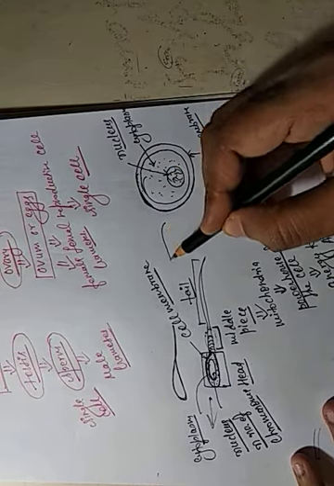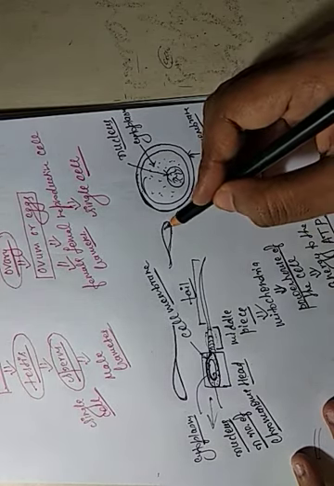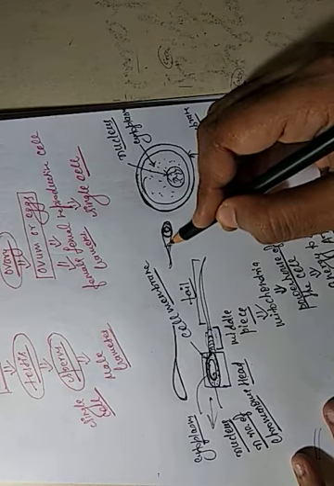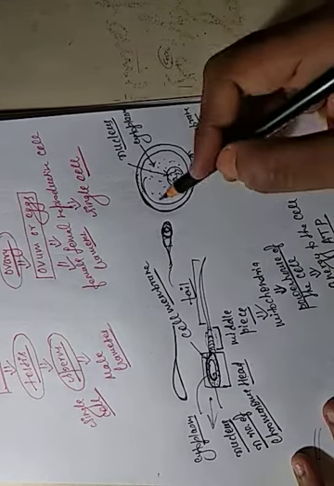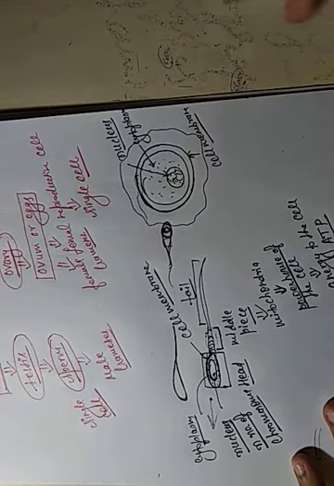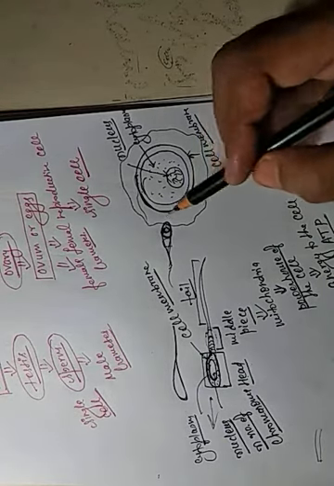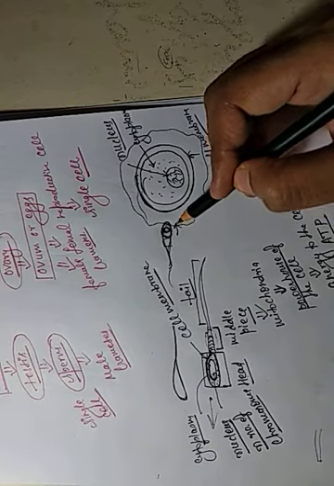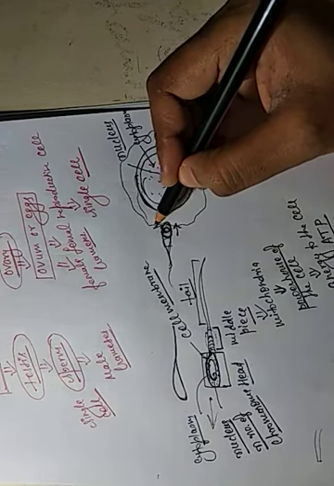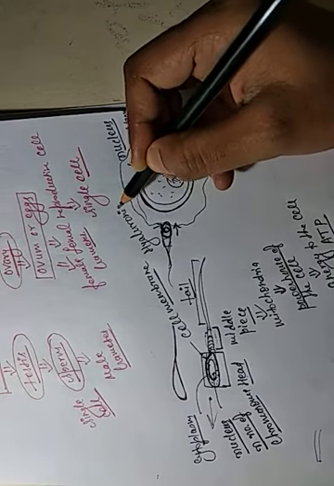When the sperm reaches the ovum, the nucleus is present in the head, this is the mitochondria, and this one is the tail. The outer layer of the ovum contains a jelly-like structure, which the sperm breaks down with the help of an enzyme present on the head, called hyaluronidase.